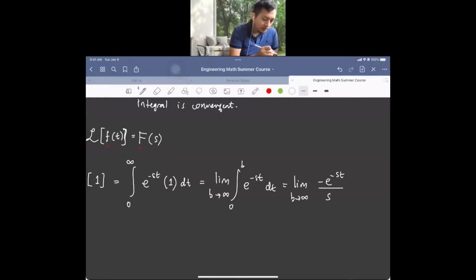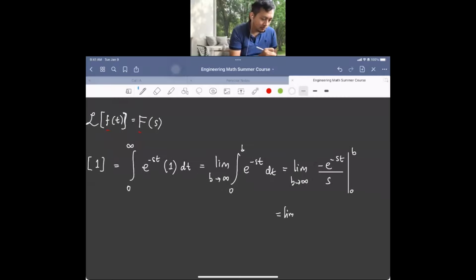Then take from 0 to b. Input b, this will be negative e to the negative sb over s, and then minus, putting in 0, minus 1, so plus 1.